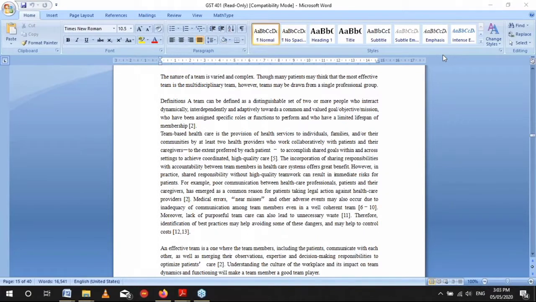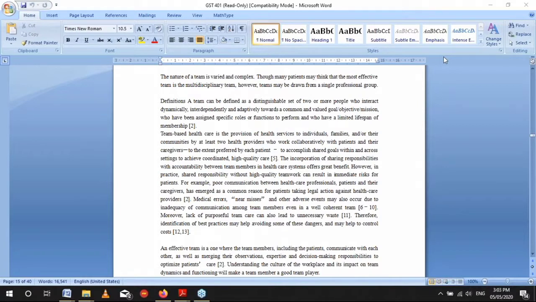Number four, you need to build partnerships between physicians and the administration.